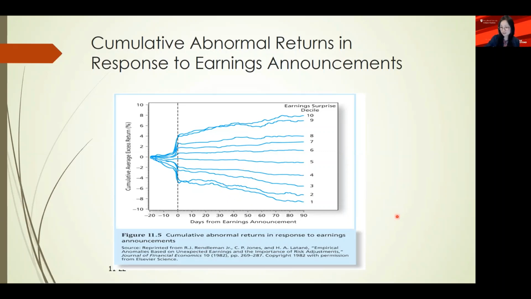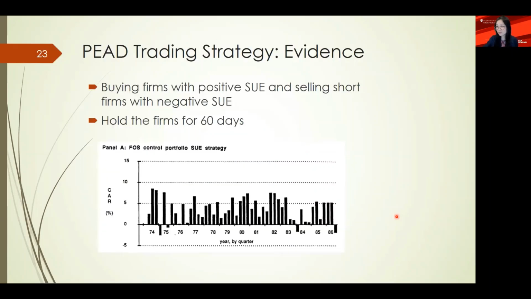This is an amazing result, which people still find nowadays. You still see quite a bit of post-earnings announcement drift. At that time, the two researchers showed that if they form a hedge portfolio by buying the firms that have positive earnings surprise and shorting the firms with negative earnings surprise, and hold the firms for 60 days, the quarter-by-quarter performance over their sample period is here.